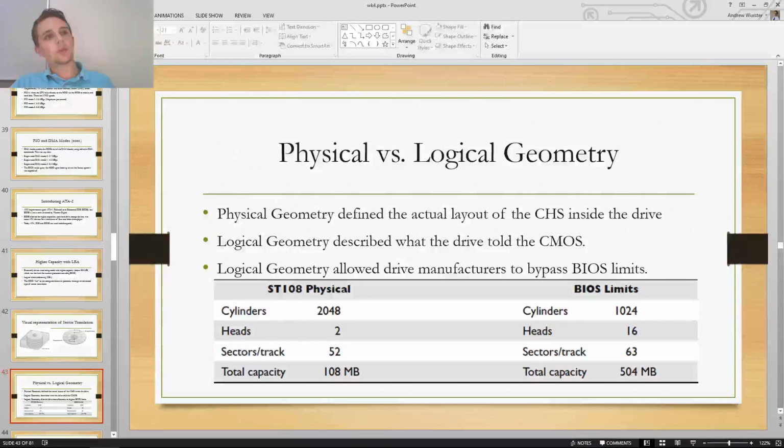So here's two examples of how it ended up lying to the BIOS essentially. The bottom one has 16,384 cylinders, and then it just told the BIOS it had 1,024 because that's all it recognized.